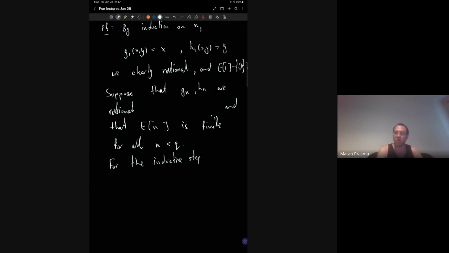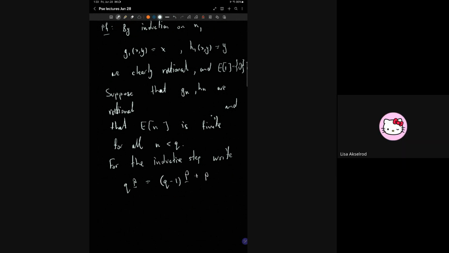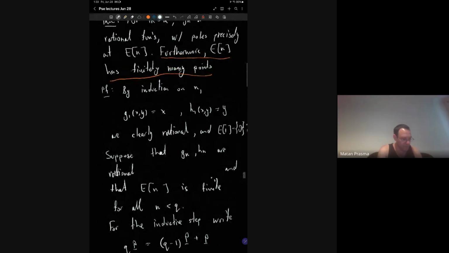So for the inductive step, I write qP as (q-1)P. I do induction and say that my induction hypothesis is that the statement is true for all n smaller than q, and then I will prove it for n equals q.